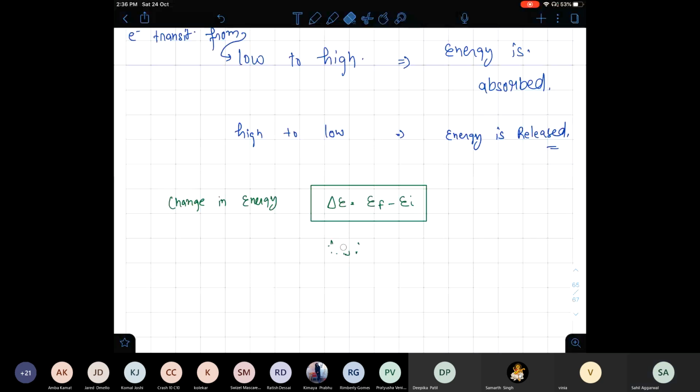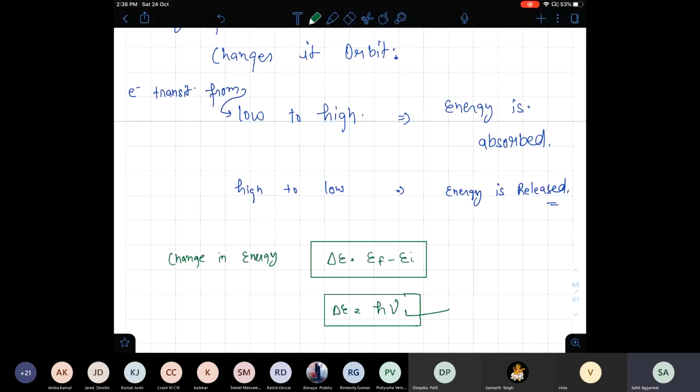That won't be correct. You write that delta E is equal to h nu. Okay? The energy which is getting radiated will have some frequency, and that frequency will be this. So you can also get the frequency of radiation, whether it is getting absorbed or released. Frequency of that radiation can also be calculated. Understood?